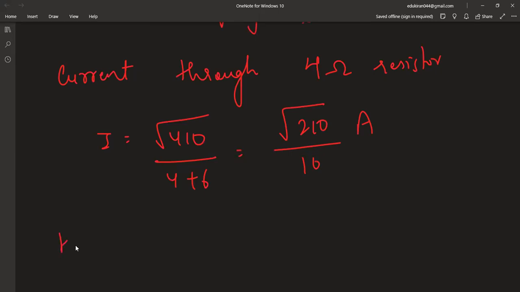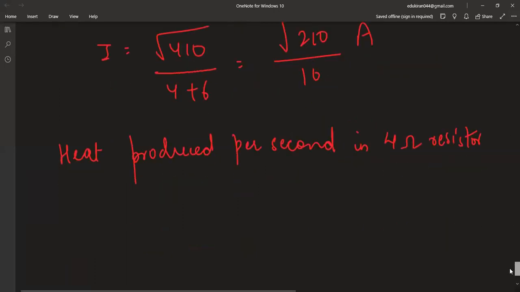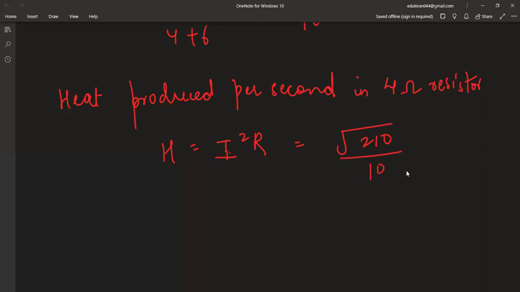When you will be calculating the heat produced per second in the 4 ohm resistor, this heat will be equal to I square R. Now I square will be root 210 by 10 squared, as we had calculated, into the resistance.